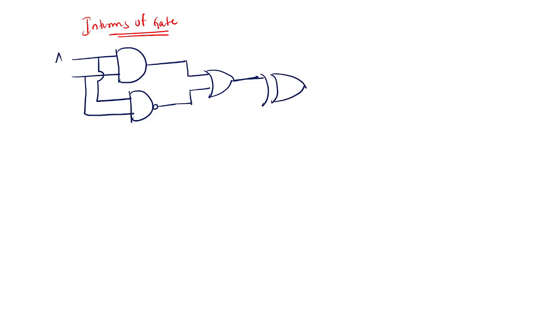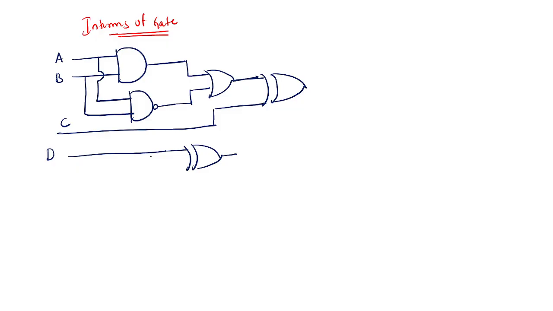Let us take inputs A, B, and C coming like this, and here D. This is an XOR gate, and this is connected with a bubble. This input is connected like this. So how do we realize this circuit?